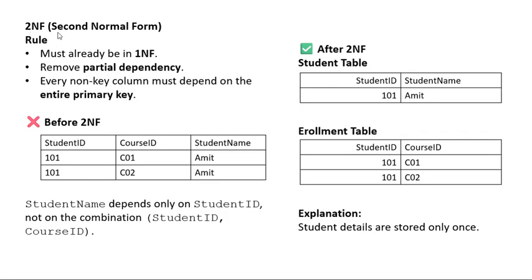And the second type is 2NF, second normal form. The rules: it must already be in 1NF, and remove partial dependencies, and every non-key column must depend on the entire primary key. Before 2NF we have student ID, course ID and student name: student ID 101, first course is Java with C01, student name is Amit, and the second subject of the first student, so 101 is the same student ID, and the course ID changes to C02, the SQL course, and the student name is Amit.